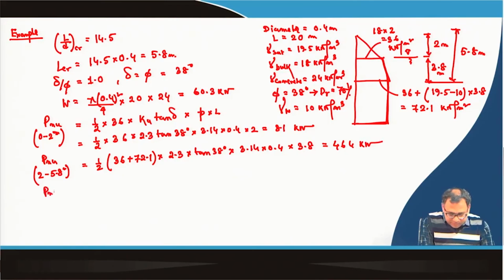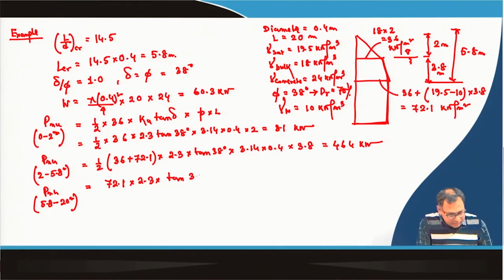Then P net ultimate for the rest of the pile, up to 20 meter, is again uniform. So, this will be 72.1 into 2.3 into tan 38 degree into 3.14 into 0.4 into the length, which is 20 minus 5.8.